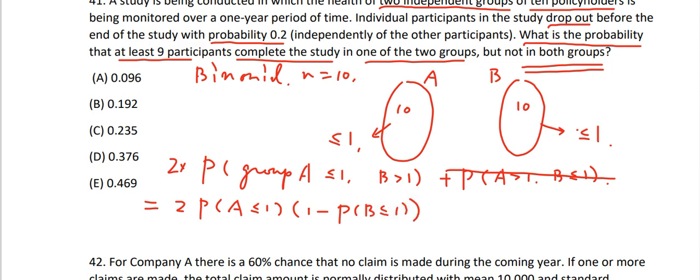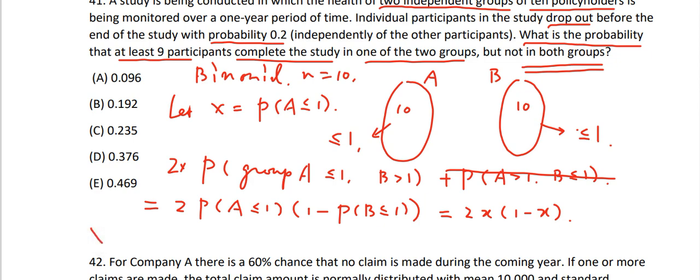Group A less than 1 or group B less than 1 is the same. So we let x equal P(A less than 1). So this equals 2x(1 minus x). So we just need to find x.